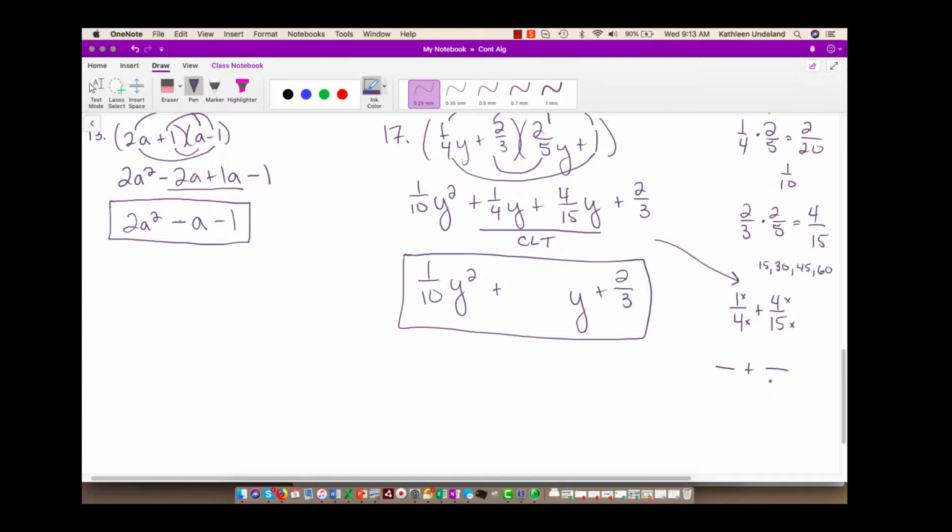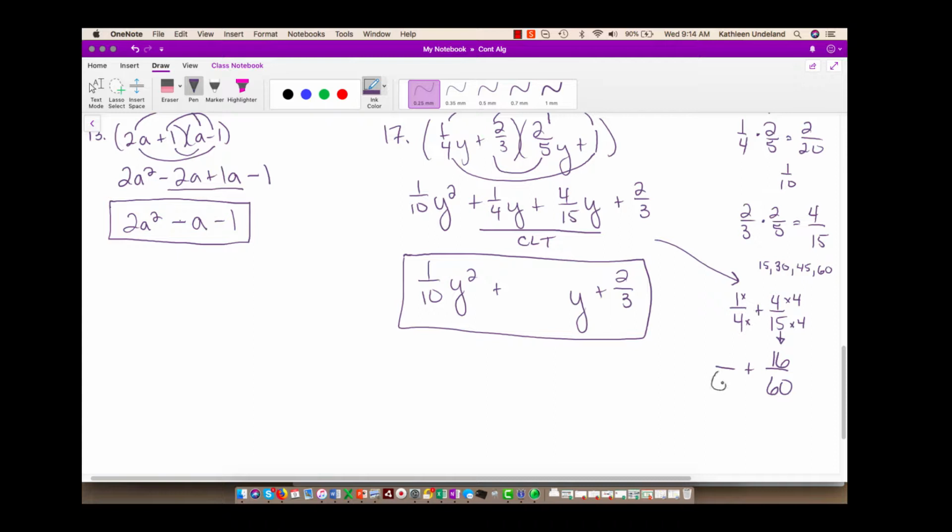So to get to this bottom number of 60, I have to multiply 15 by 4. I have to do the same thing to the top. So 4 times 4 is 16. So now I've scaled that fraction up. I've rewritten it. It's called equivalent, because it's equal, it just looks different. It's representing the same amount.